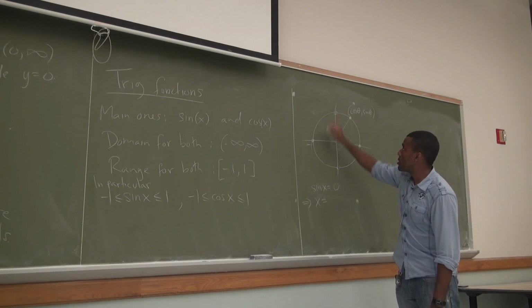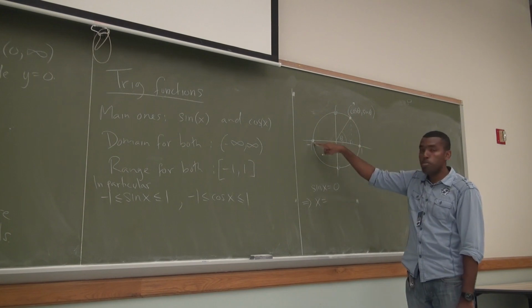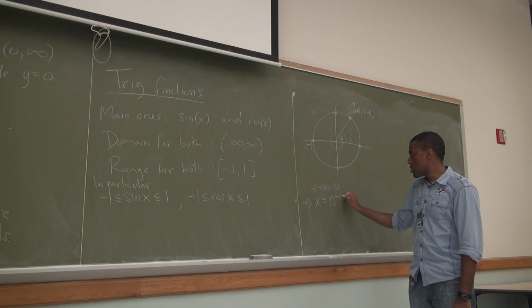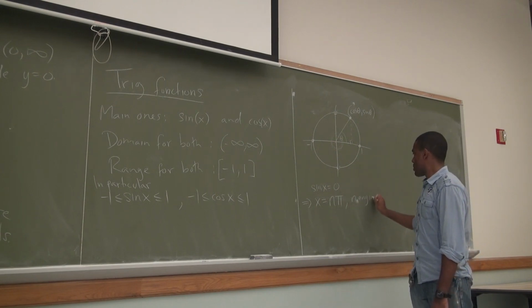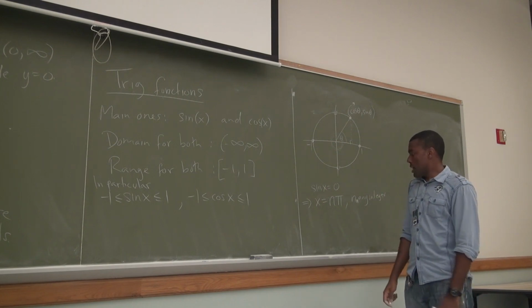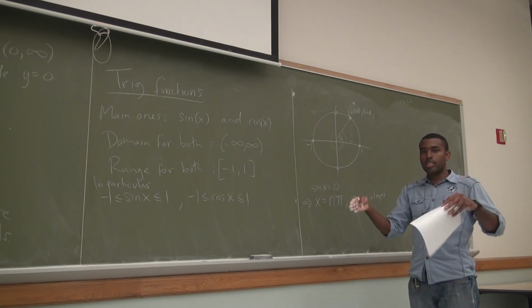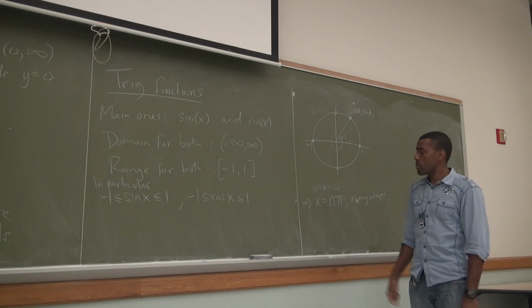Or 180. So this would be 0, 2 pi, 4 pi, 6 pi, 8 pi. This would be pi, 3 pi, 5 pi, and so on. In other words, any multiple of pi. And if you're given a restriction, you just choose the ends you want. So if they say we only want all the answers between 0 and 2 pi, obviously the n would be 0, 1, and 2.